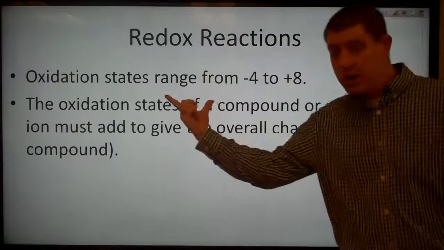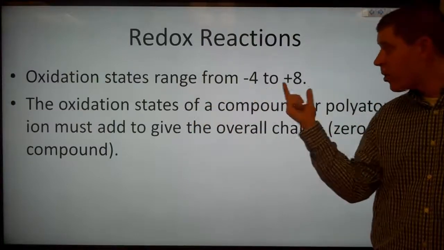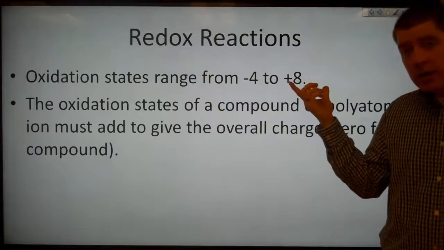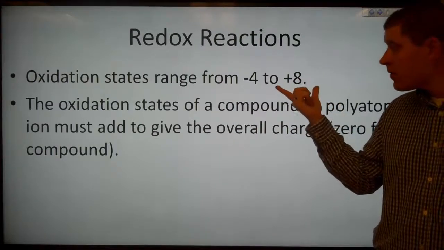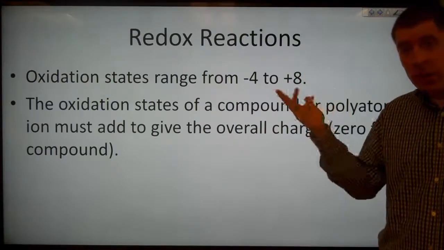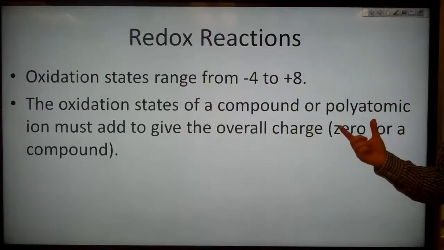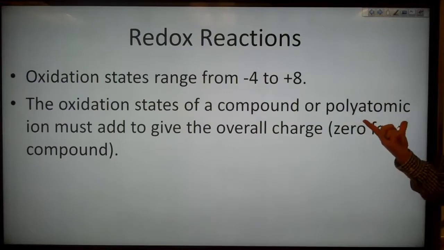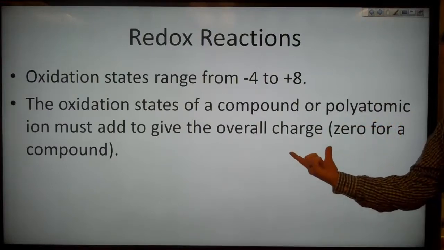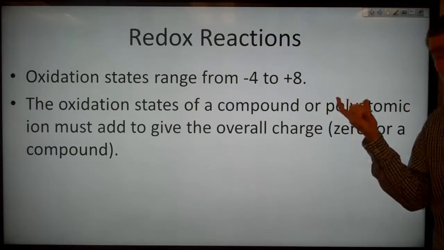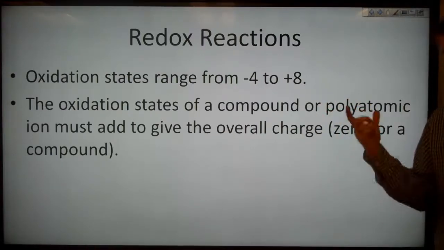So oxidation states can range from -4 to +8. This is in general. There are a very few cases where they range outside of these values. So the oxidation states of a compound or a polyatomic ion must add to give the overall charge. So 0 for a compound and the charge on the polyatomic ion in the case of an ion.